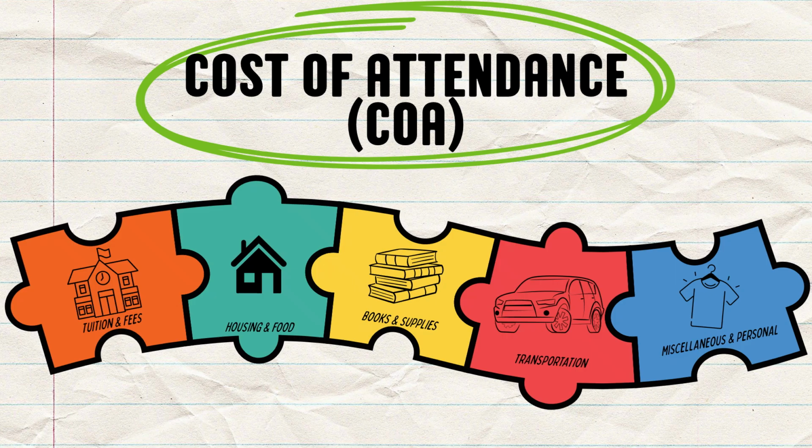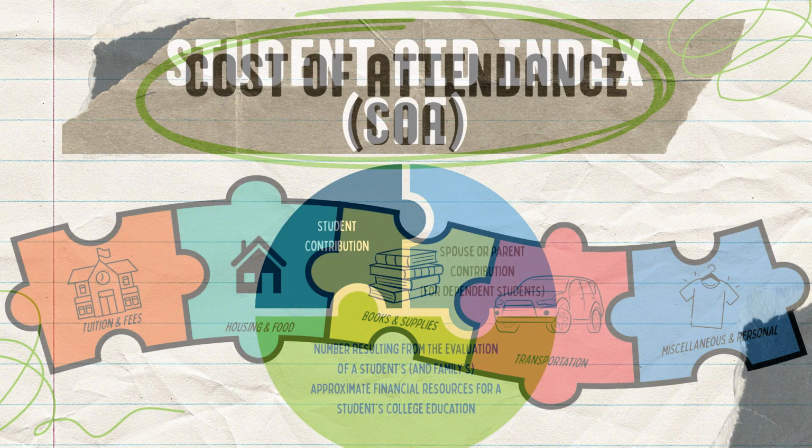These can include transportation, required licenses, certifications or professional credential costs, and personal care items. Colleges combine direct and indirect costs to create the COA. COAs can vary greatly among colleges.